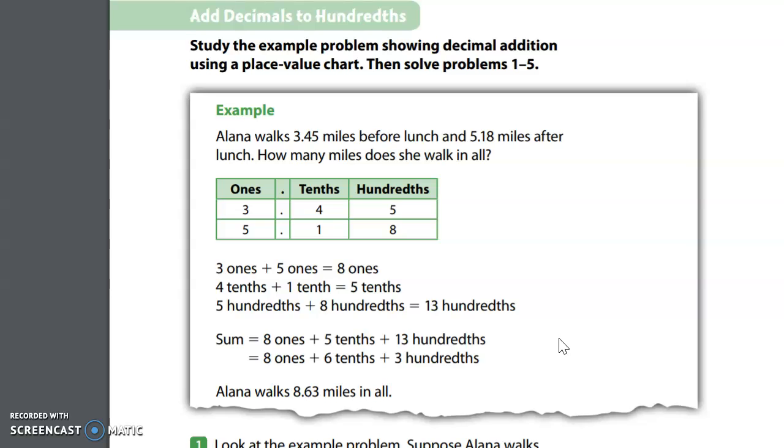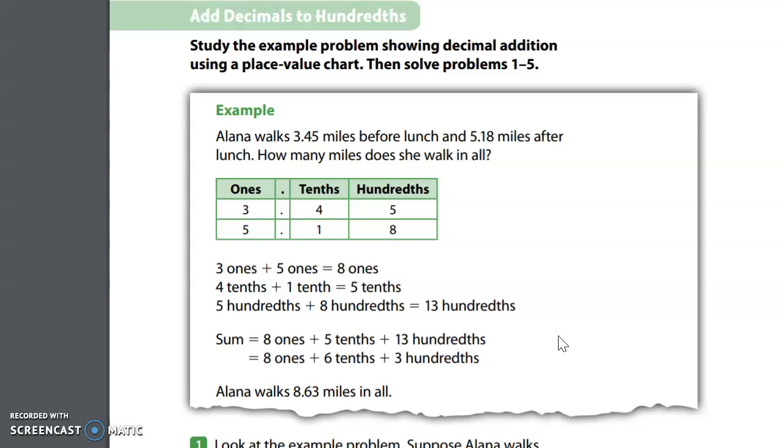So that's why your final sum is 8 ones plus 6 tenths, because 1 tenth was added to the tenths place for that 10 hundredths that we regrouped over to the tenths place, plus 3 hundredths. So the total, or the sum, of 3.45 and 5.18 is 8.63 of a mile. So Elena walks 8.63 of a mile in all.